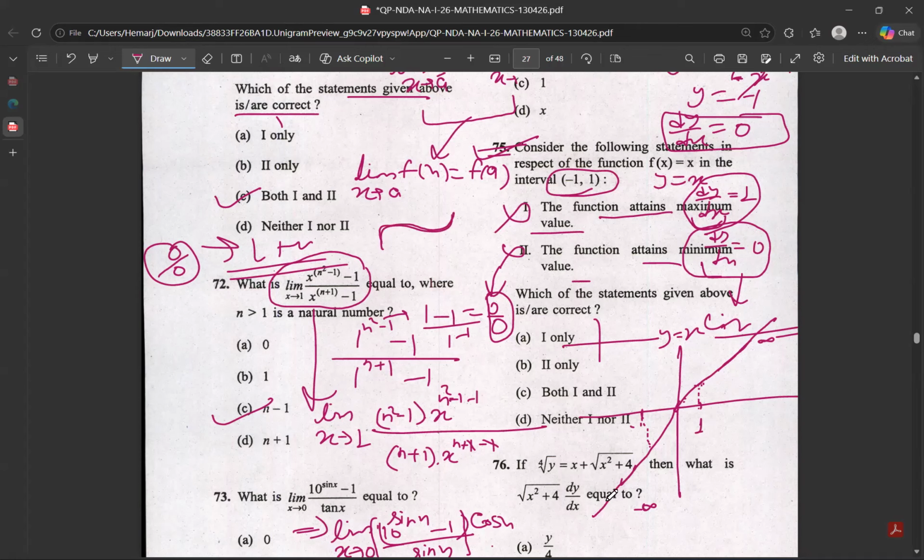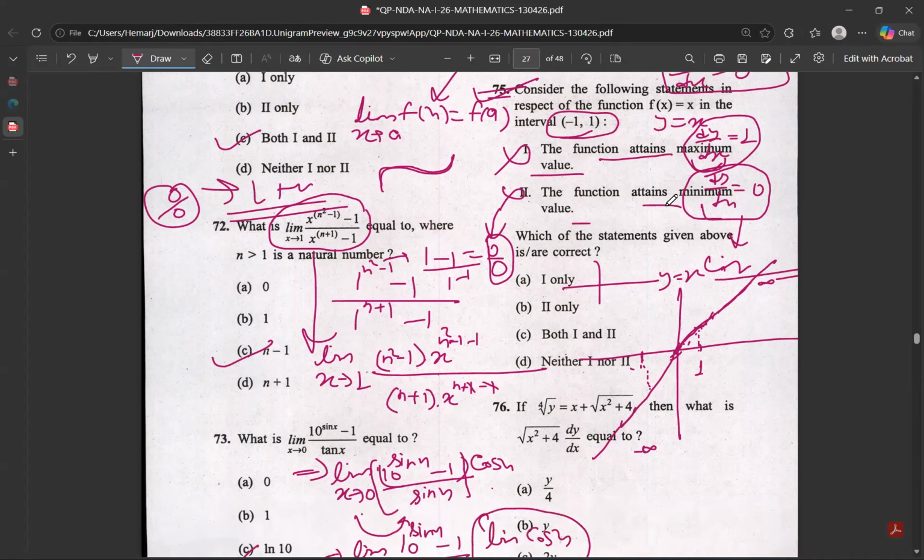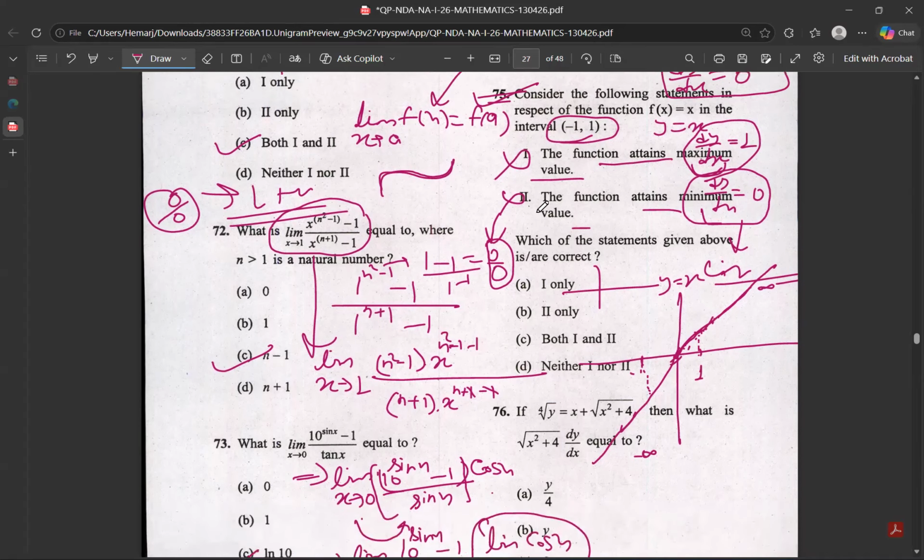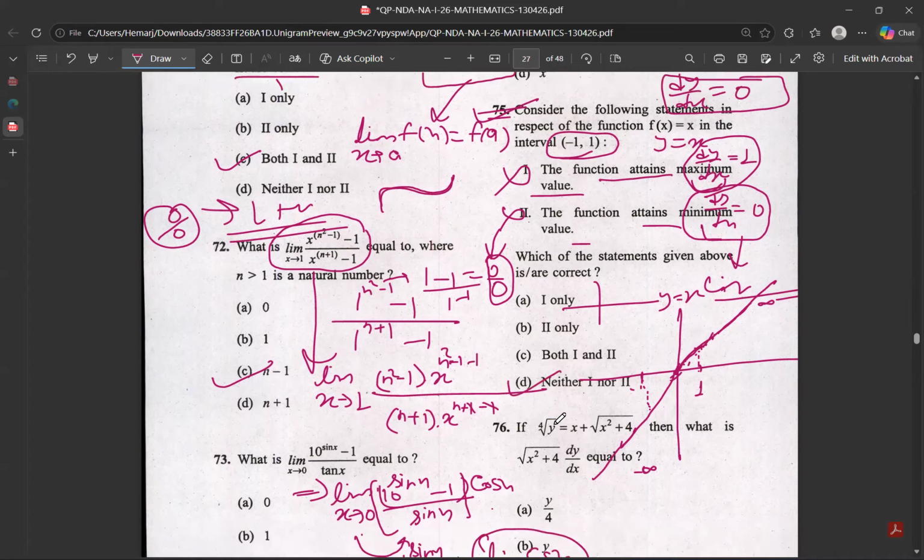It's a straight line. I know it is not looking like a straight line, but just imagine it's a straight line. So there will be no maximum and no minimum value of y equal to x. Now, for our question number 75, D will be the answer.